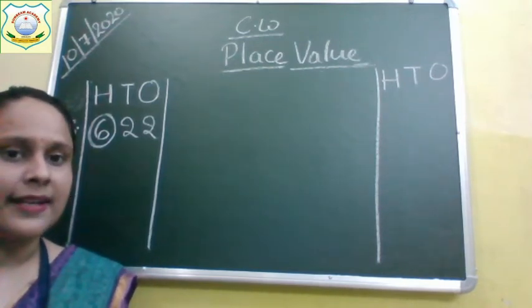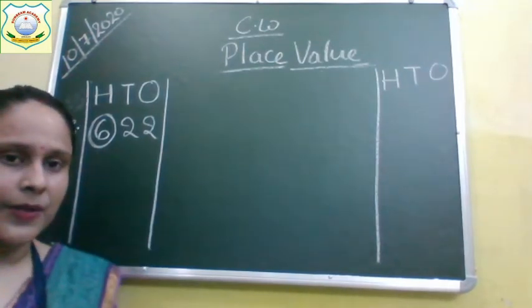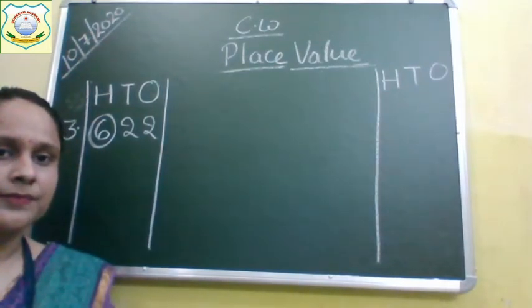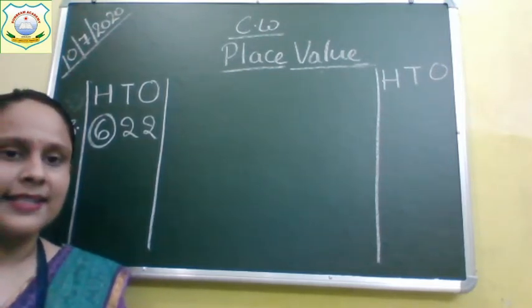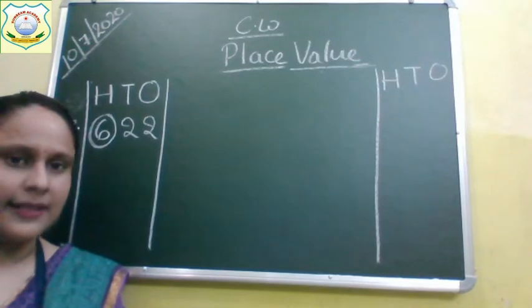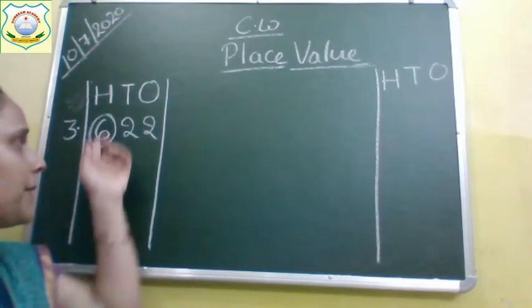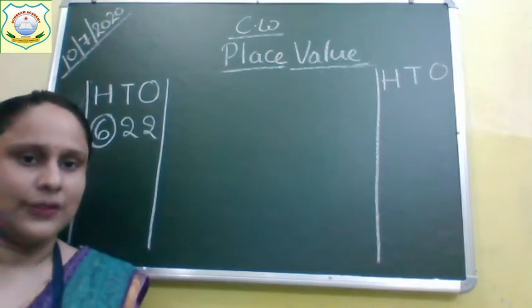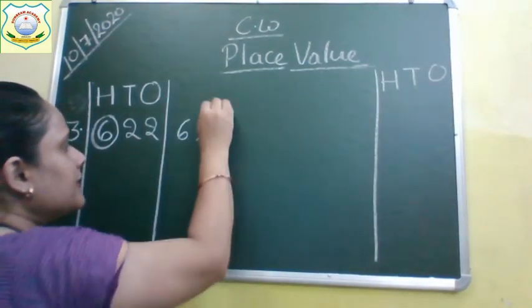So, which is the circle number? 6 is the circle number. Okay? Now, what is the place of 6? 6 is in the hundreds place. So, what is the place value of this 6? We will write 6 hundreds.